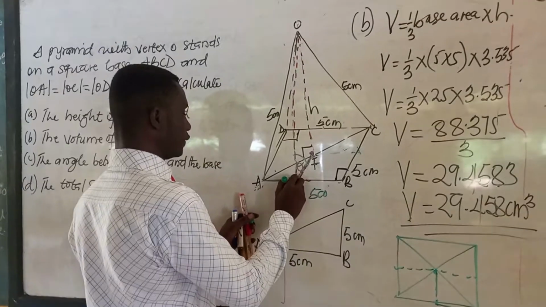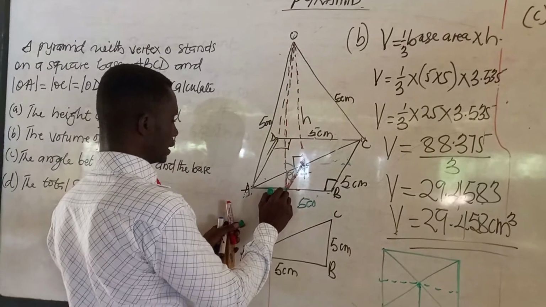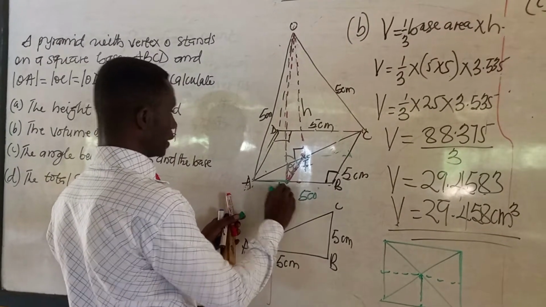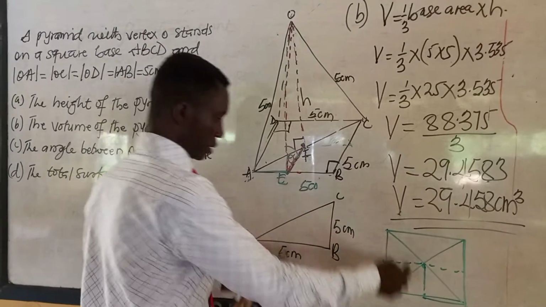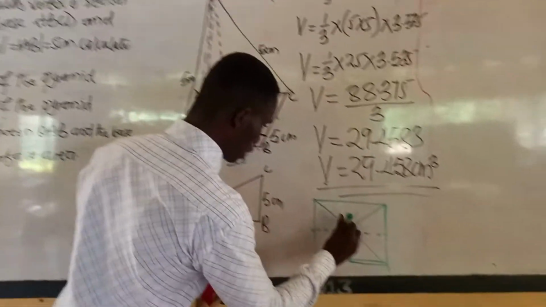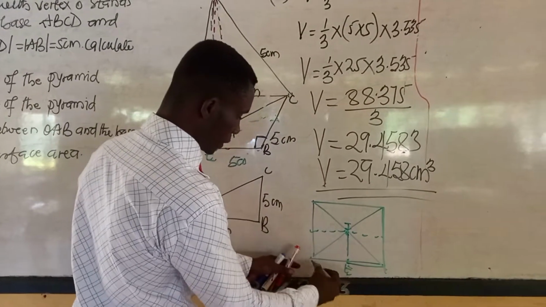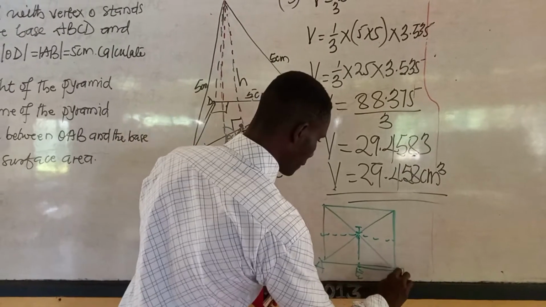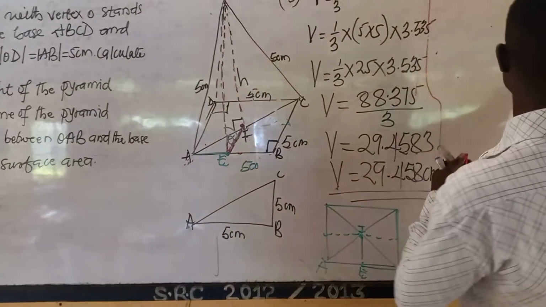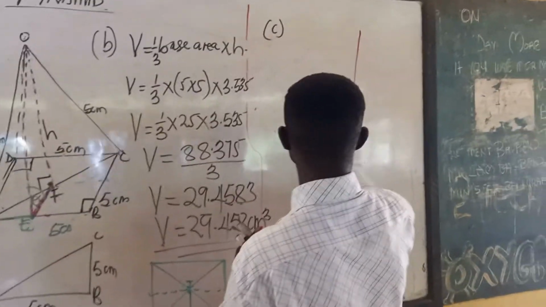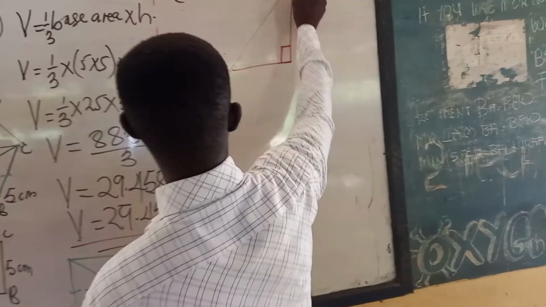So if this triangle is OFE, let's make it E. FE is half AB. This should have been the F, this should be the E. Should be half AB. So half AB, let me draw that triangle. That triangle will be this, with 90 degrees here, and here OE.